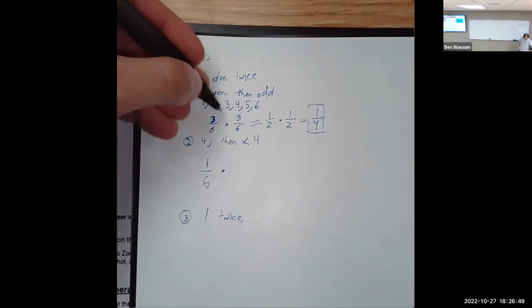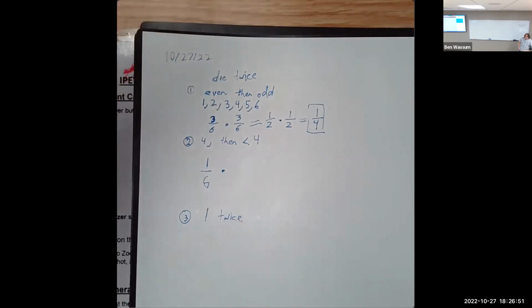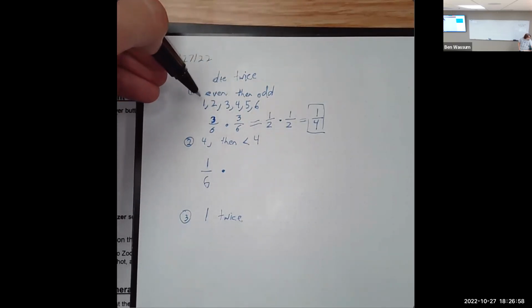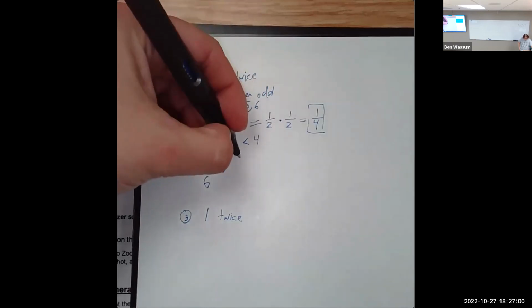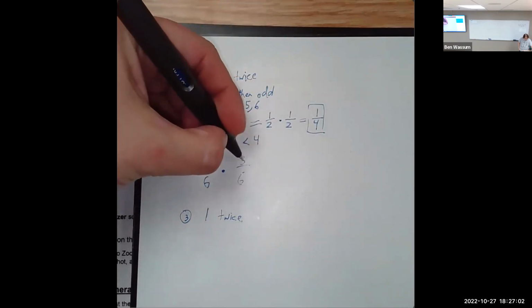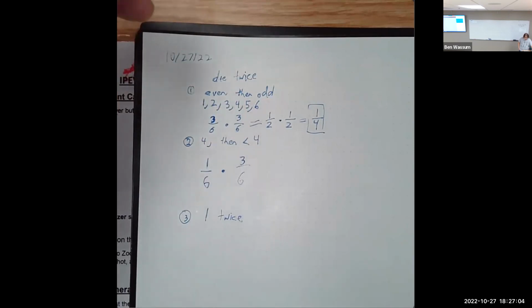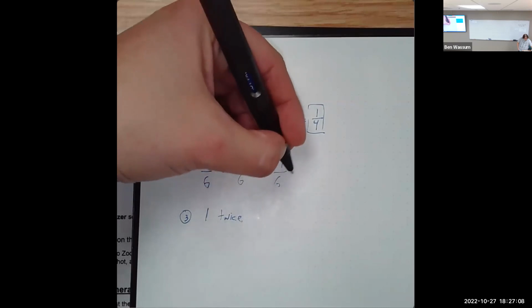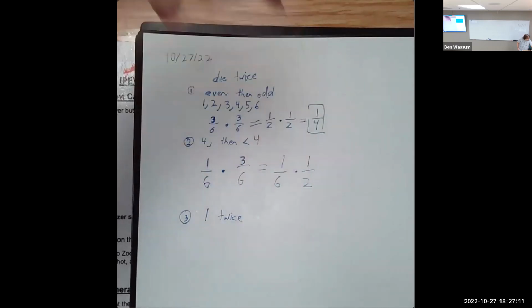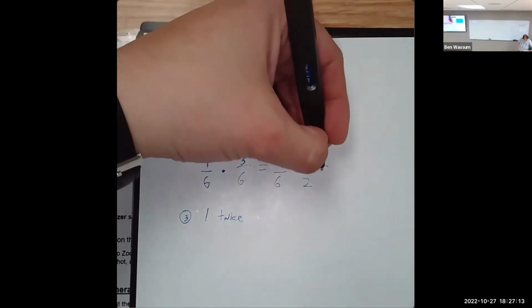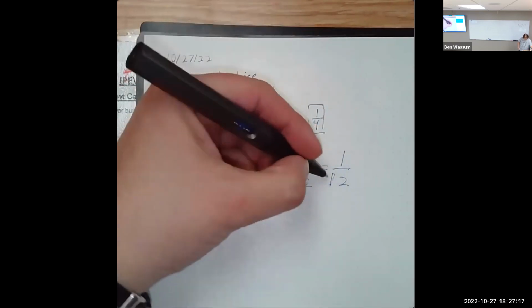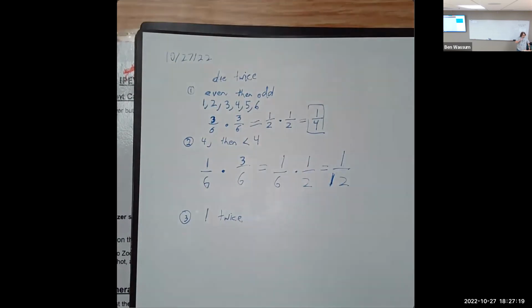Then it says rolling a number less than 4. How many numbers are less than 4? 1, 2, 3 of them, so 3 out of 6. I'm going to reduce that. So we have 1/6 times 1/2, which gives us a 12th. You have a 1 out of 12 probability there.